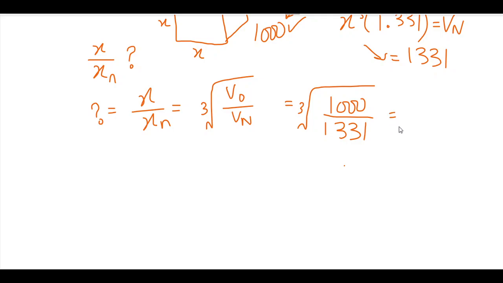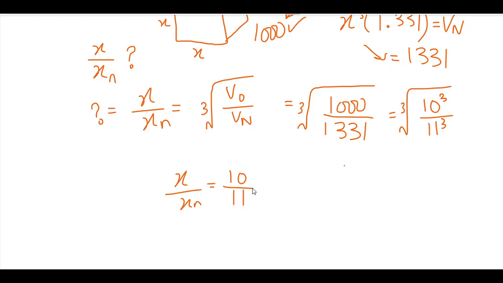So in reality, this is 10 to the power 3, and this is 11 to the power 3. So if I'm taking the cube root, x over x new, the original side to the new side, is going to be 10 over 11.